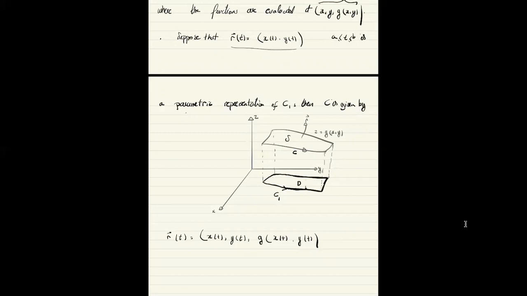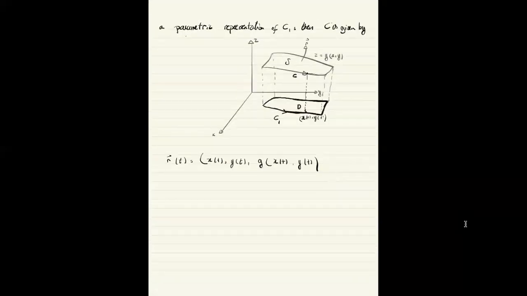You go to the point x(t), y(t), then you go to the image on the surface, which will be g of x, y. So if you want to go along all this curve, then this is going to be a parameterization of the curve C, and t is between a and b. So I hope this clears things up, right?